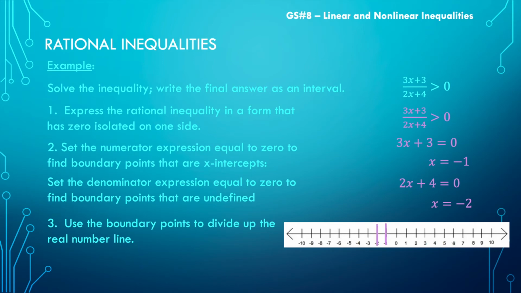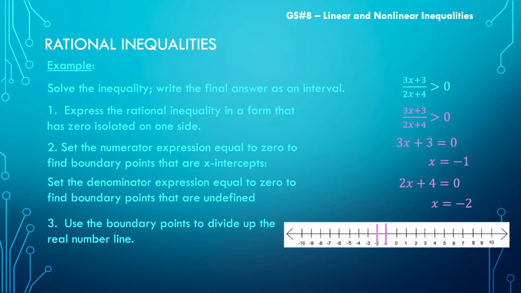So I can go ahead and put those values on my number line, and those become my boundary points. And then I'm going to divide up my number line. And remember, with 2 boundary points, I will have 3 intervals, the one on the left, the one between the boundary points, and the one to the right. Okay, now, do I need to be careful here? No, because my inequality is a greater than symbol.